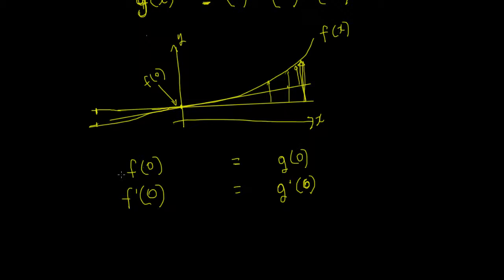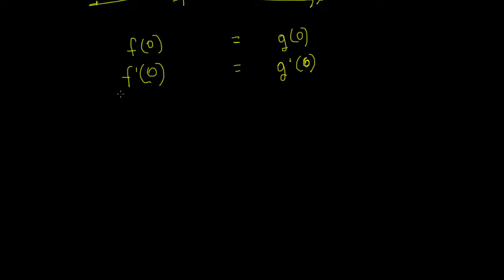Now this is where we have to start making a decision, because we could then say, well, let's make the curvature, if we call the f double derivative of 0 the curvature of that function f of x, to equal the curvature g double derivative at 0.